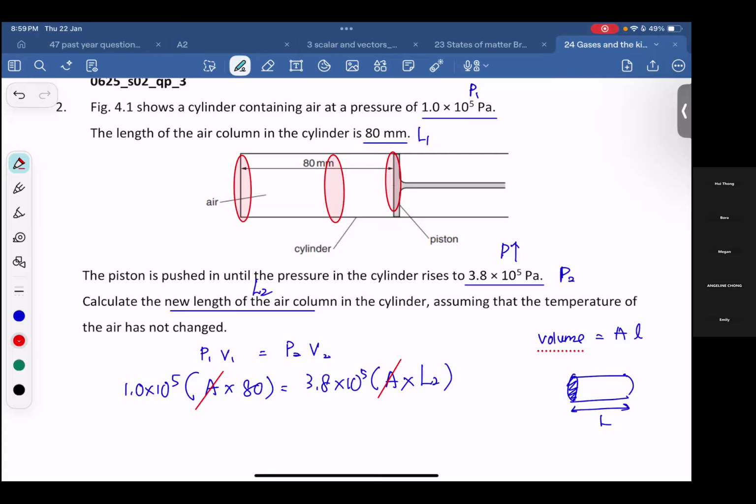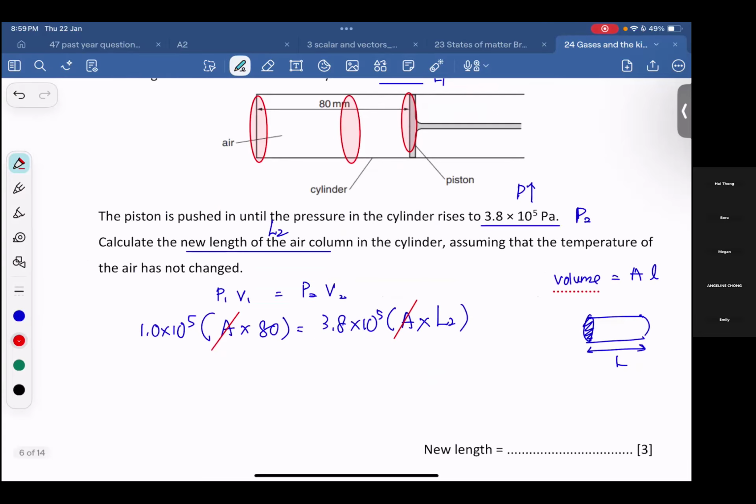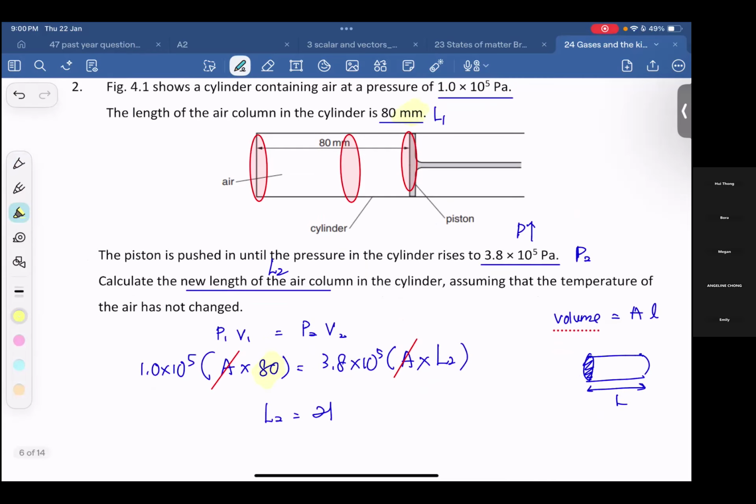Area and area, we can cancel out. So if you do the calculation after you cancel the area, your L2 should be 21. What is the unit? Just now starting with 80, what is the unit for 80? You're using mm. So right now when you do the calculation, 21 should be in mm also.